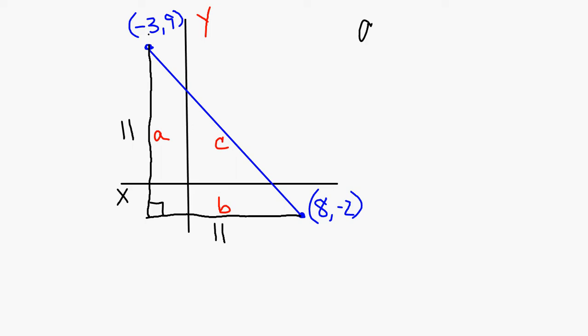So now you just go to the formula. A squared plus B squared equals C squared. Now, you guys that have purchased the calculator that I asked you to, you're almost done.